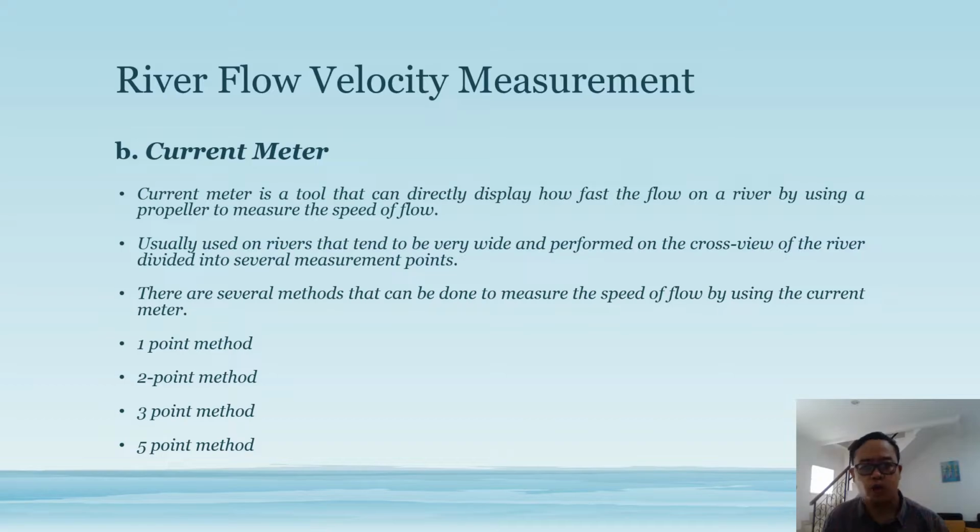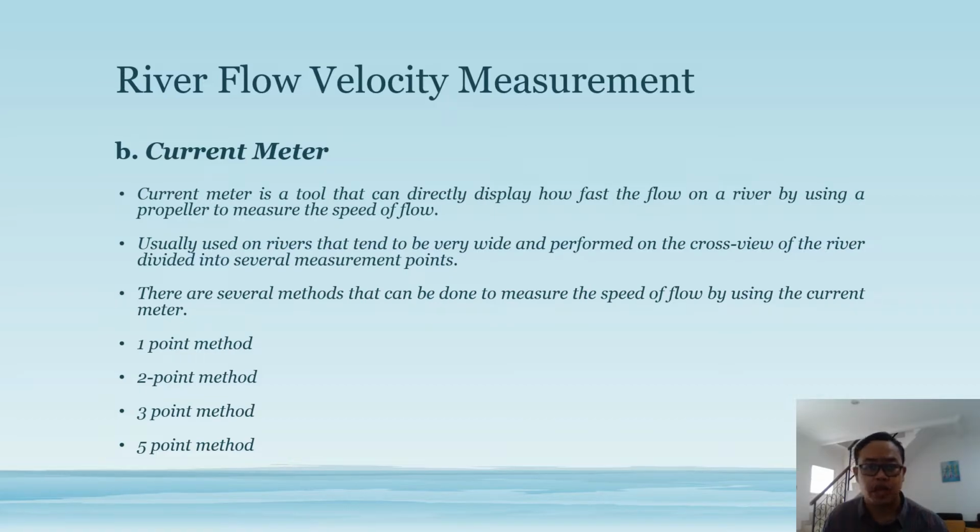So, to know the velocity of the flow, we just need to look at the number on the tool. Usually used in a river that tends to be very wide, and performed on a cross section of the river divided into several measurement points.